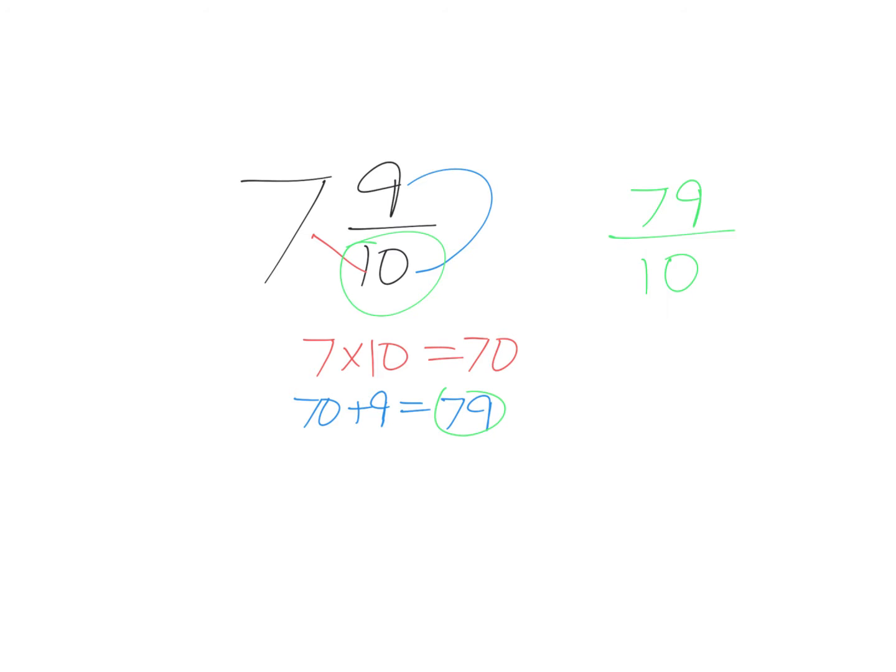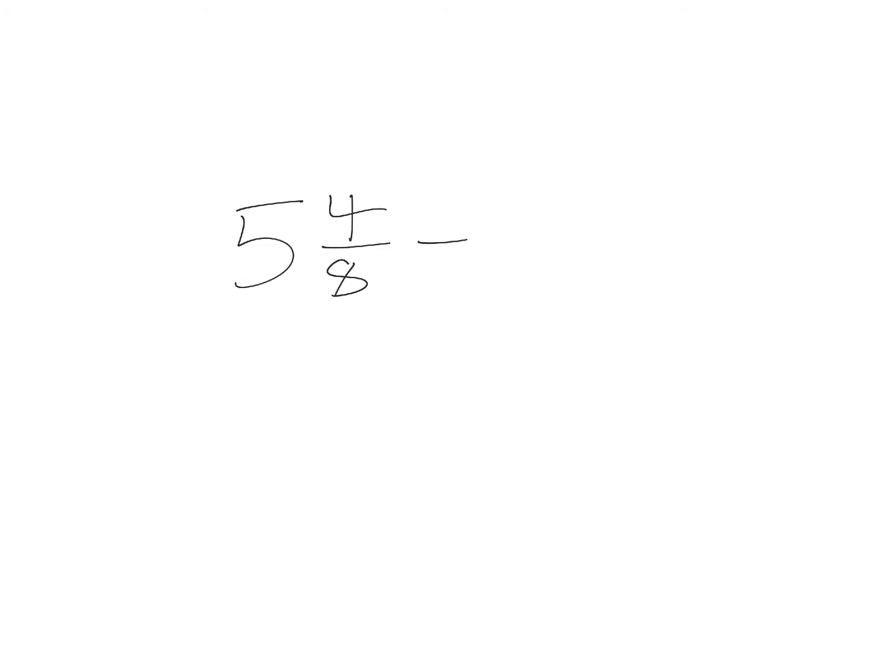Okay? So now we have to talk about adding or subtracting today. We're going to be doing subtracting. So let's work through one. I will do 5 4/8 minus 4 5/8.